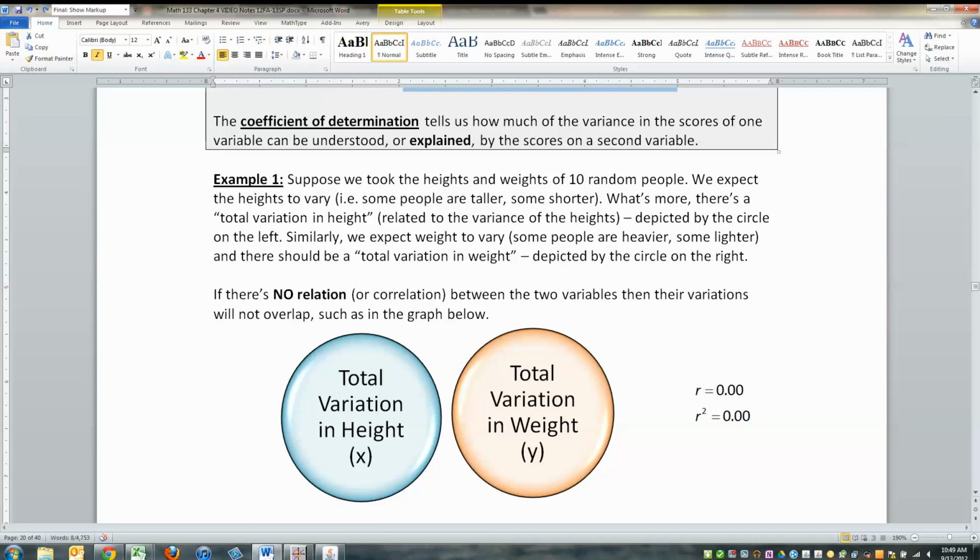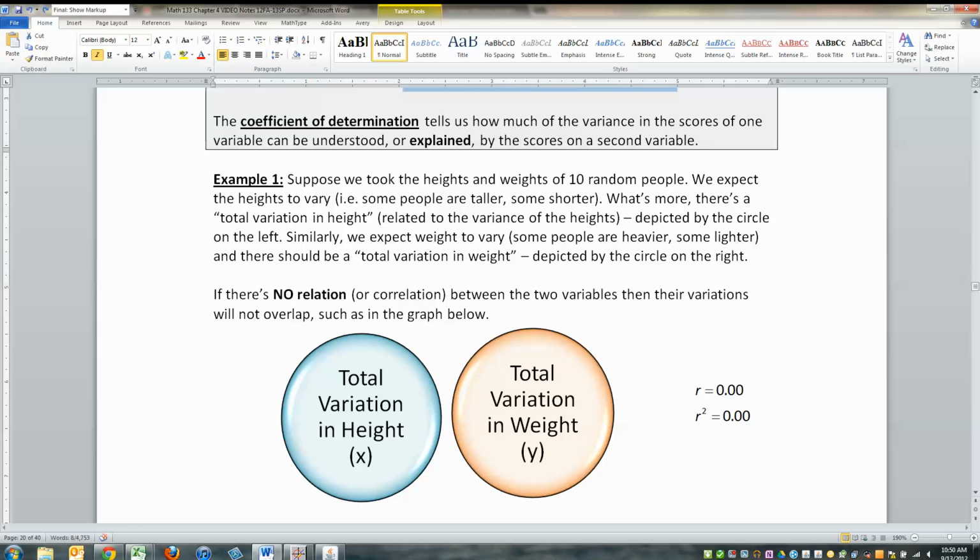All right, suppose we took the heights and weights of 10 random people, and we expect the heights to vary, i.e. some people are taller, some are shorter. So I'm going to have a circle over here that shows the total variation in height, the up and downness amongst people's heights. And then I have another circle that shows the total variability in weight, right? Some people weigh more, some people weigh less.